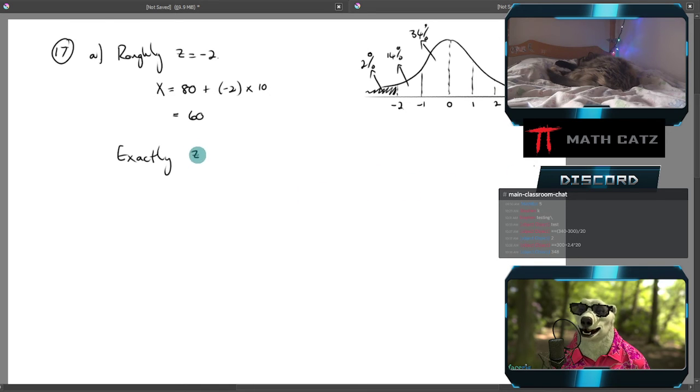So I'll say here exactly negative, of course, we're on the left, 2.055. Some people prefer to take, it depends on the question, what my goal is, the more conservative one, a little bit to the left, which would be the negative 2.06.